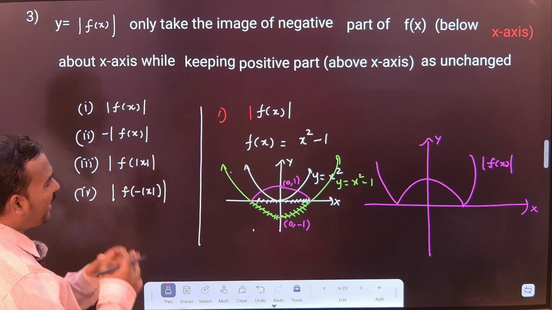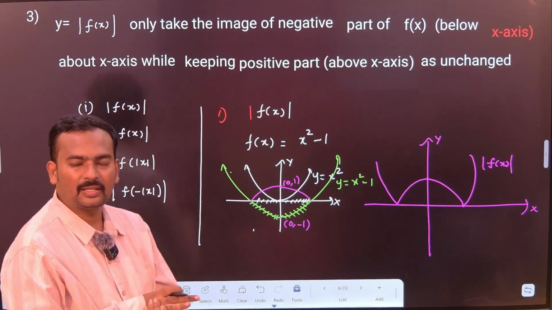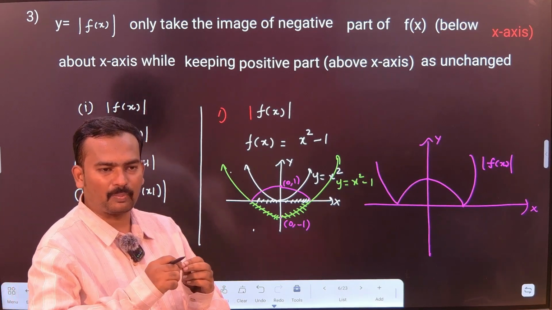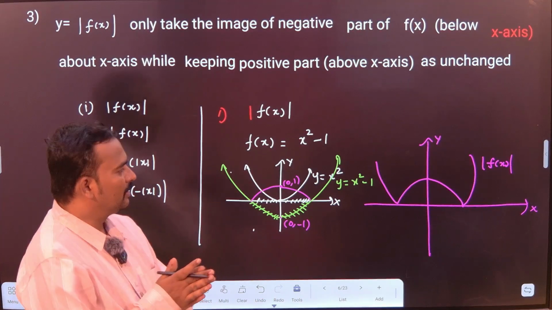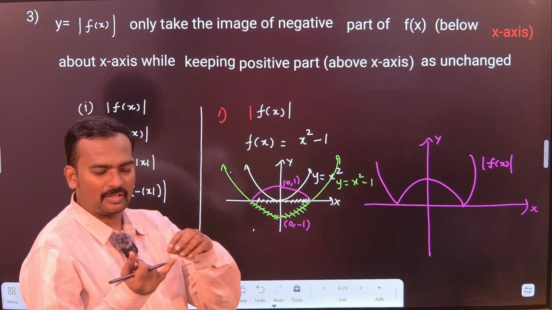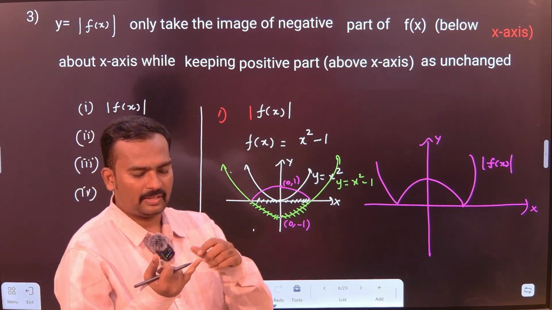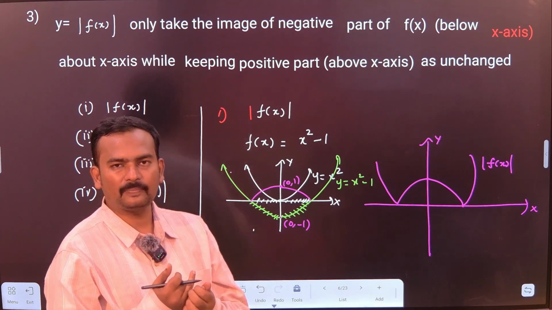Now, for minus mod f of x, what can you do? We already discussed that if f of x changes to minus f of x, you have to take the x axis as the mirror. The first transformation, x changes to minus x, means you take the y axis as the mirror.